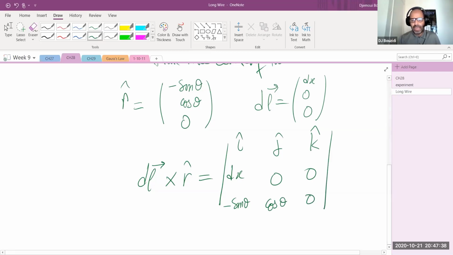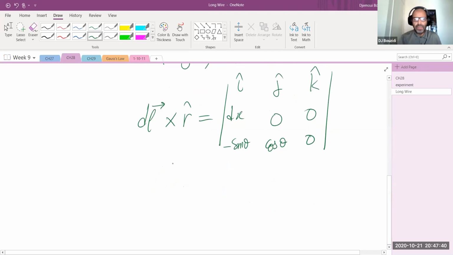Obviously, I need to find the x component first. The x component i hat is equal to 0 times 0, that's 0, minus 0 times cosine theta, that's 0. Minus j hat, the components of the vector in the x direction, dx times 0, that's 0, minus sine theta times 0, that's 0 also.